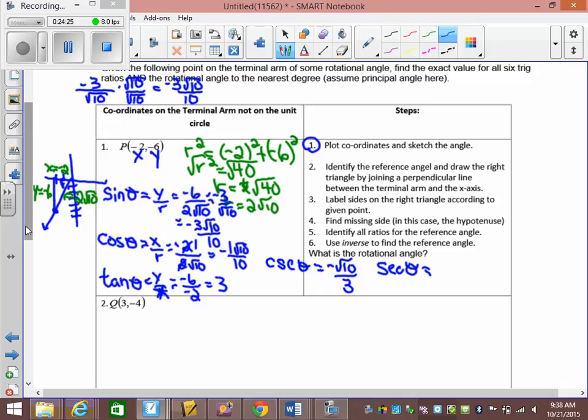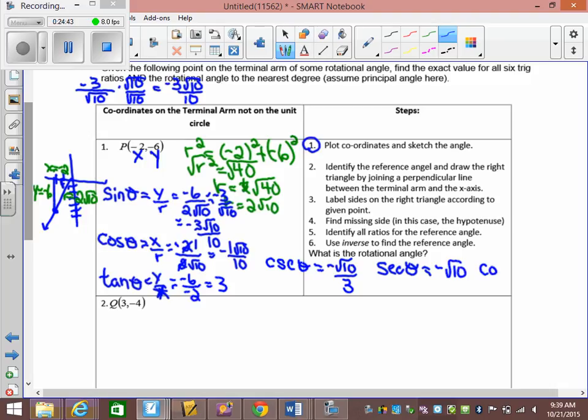No, if you use the later one, you'll get the same answer, but you're going to have to rationalize, so it'll just be more work. But you'd get the same. You'll just end up having to cancel off stuff after you've even rationalized. So secant is going to be root 10 over negative 1, or negative root 10.